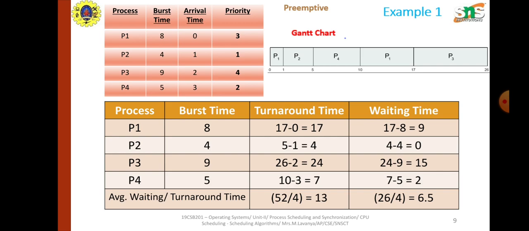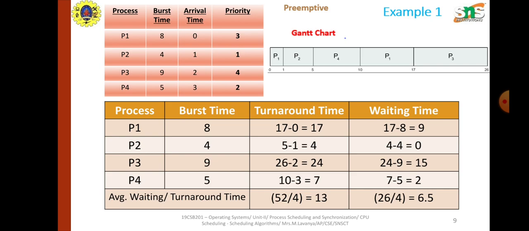After completion of P2, P1, P3 and P4 are in the waiting queue. Comparatively P4 has the highest priority of 2, so P4 will be allocated.